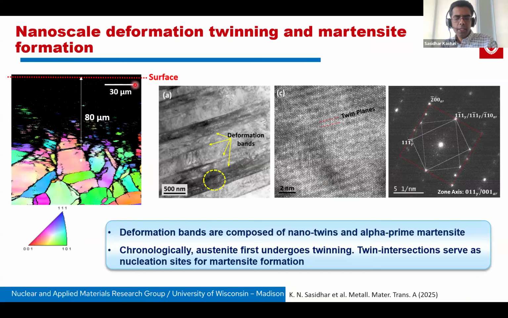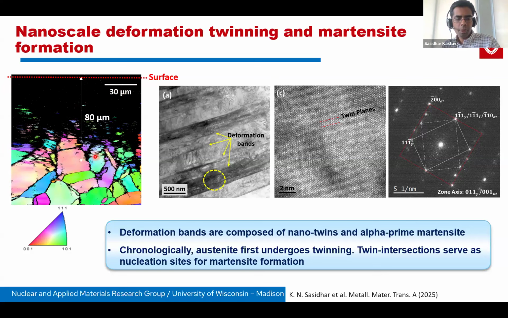The top surface is extremely deformed and it's transformed into martensite, so it does not give sufficient signal to noise ratio in the Kikuchi pattern, so you cannot index that. And then you see deformed regions, and the extent of deformation goes down naturally as you go in depth with respect to the surface.